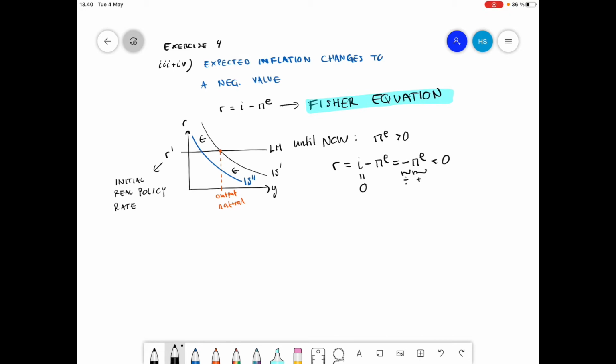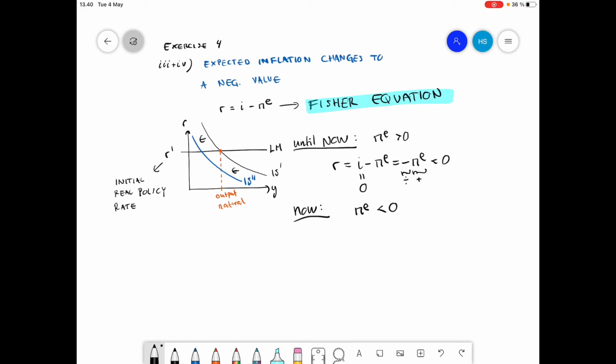So how does this affect the output? Until now, the expected rate of inflation has been positive. Now the expected rate of inflation is negative. So in order to assess the effect on the output level, we need to investigate how the real interest rate is affected by this change.